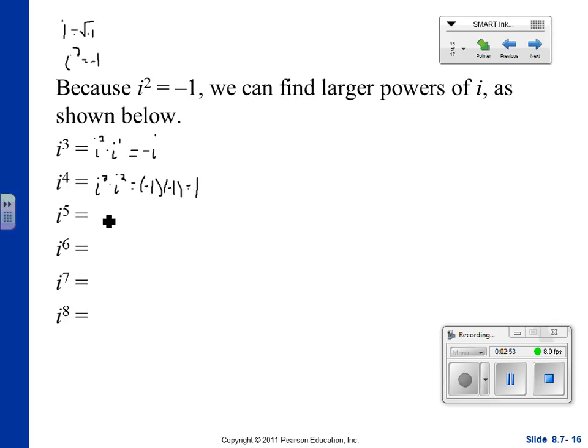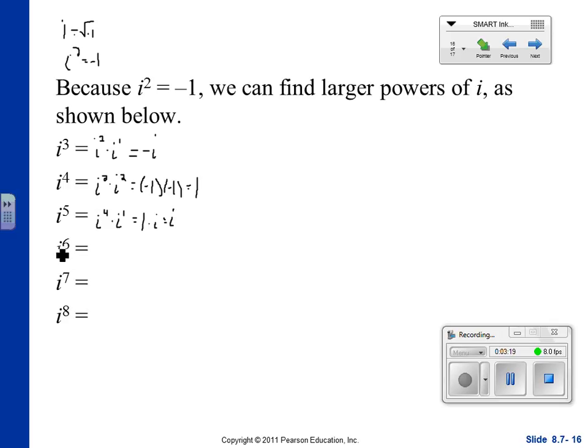I to the 5th, well, you can write that as i to the 4th times i to the 1, because 4 plus 1 gives us 5. And we know already i to the 4th, we look up here, that's just 1. So 1 times i, or just i.